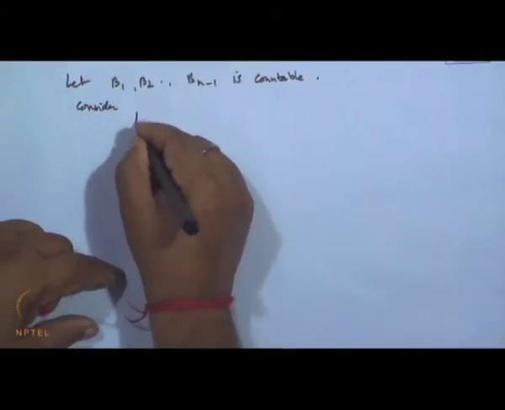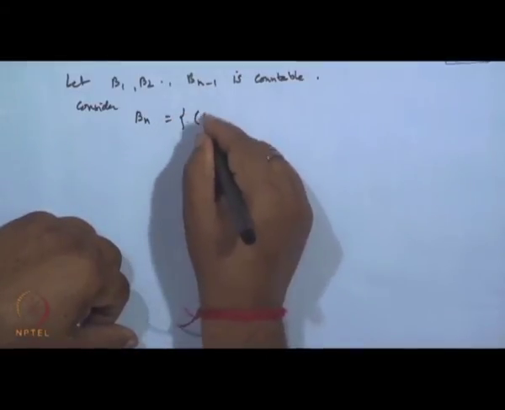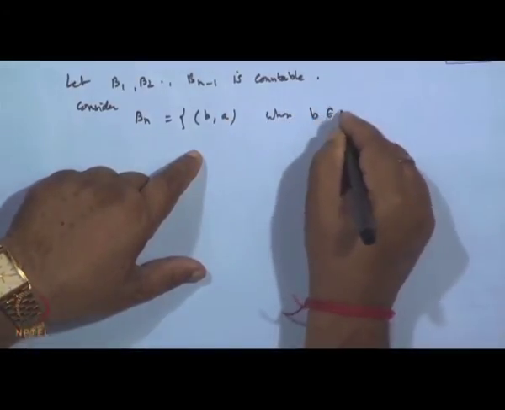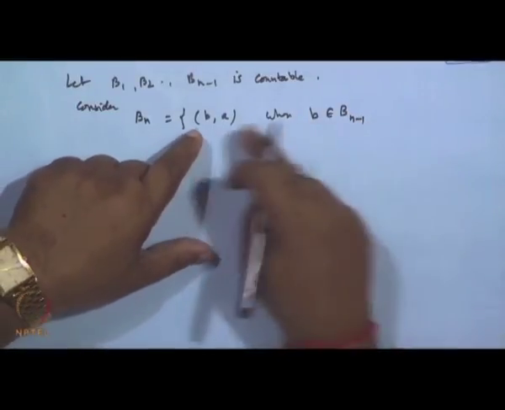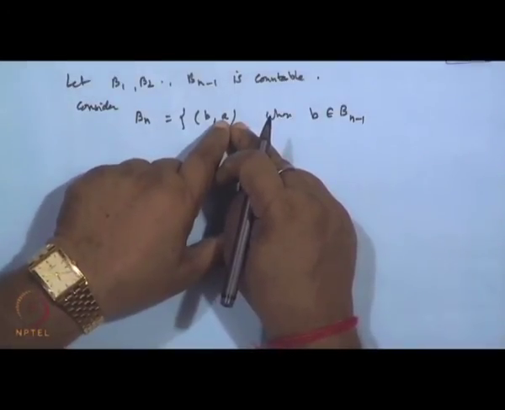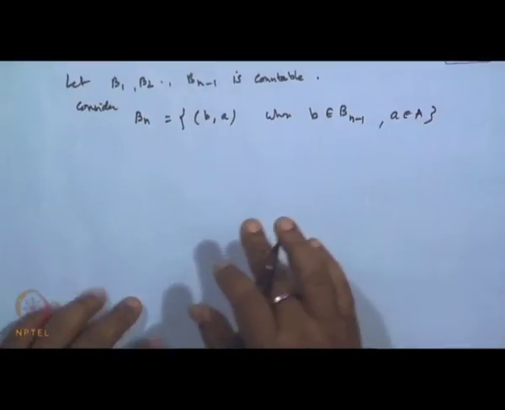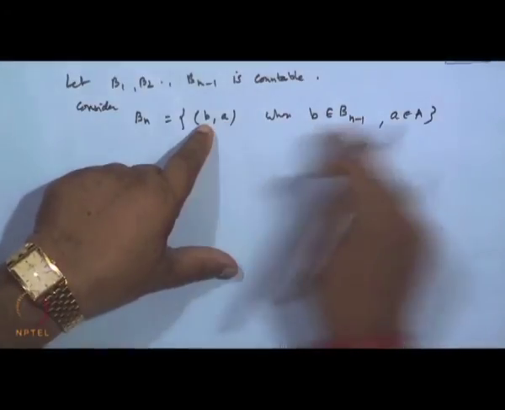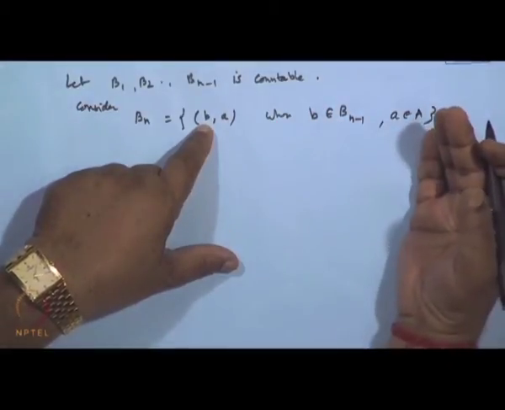So, consider B n. We can put an element of B n in the form of an ordered pair (B, A), where B belongs to B n minus 1, that is B is the tuple B1, B2, up to B n minus 1, and then comma A, the nth term, where A belongs to A. Clear? Now, if I fix B, it means each element of A we are combining with B, that is all. So, basically you are getting A itself, is it not?